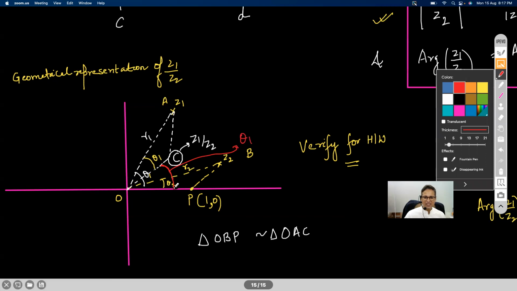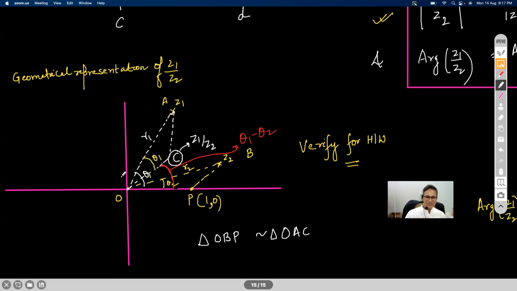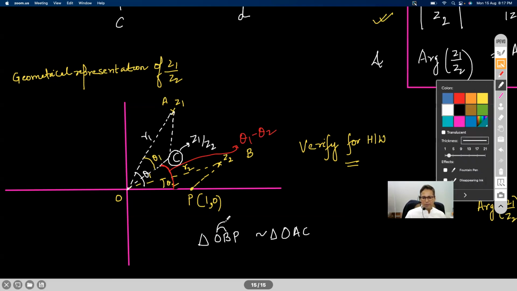This whole angle. Correct. And what about this distance OC? Let us use our similar triangles concept here. OB by OP is OA by OC, which means OB is R2, OP is 1, OA is R1, and OC I don't know.